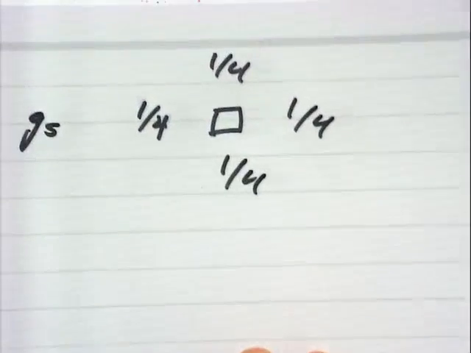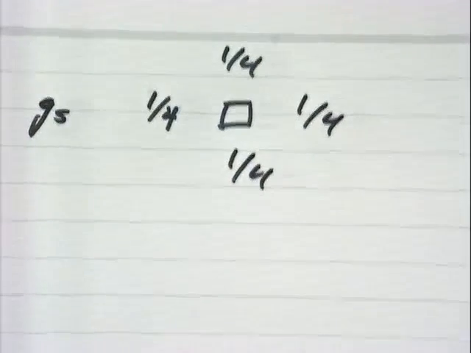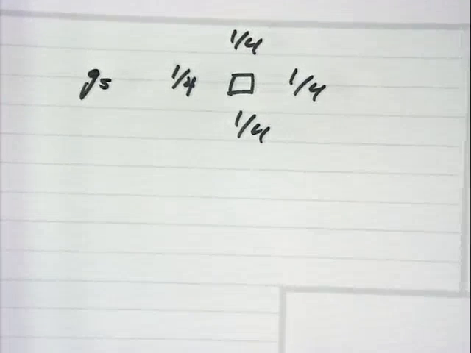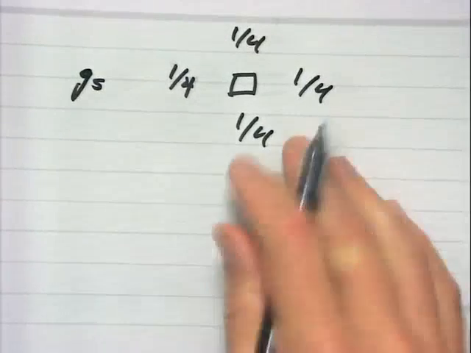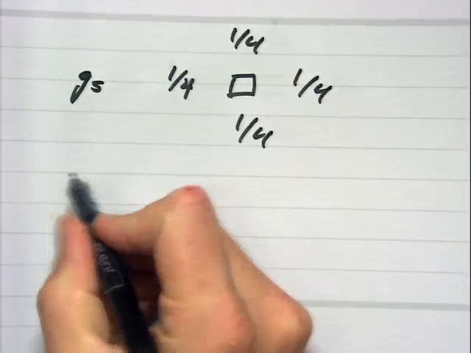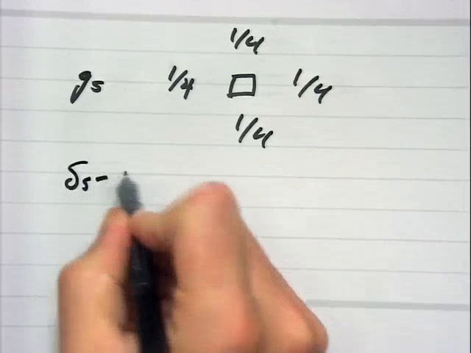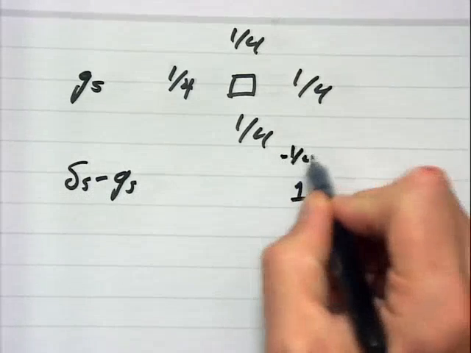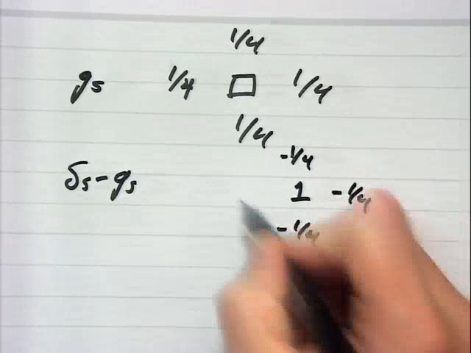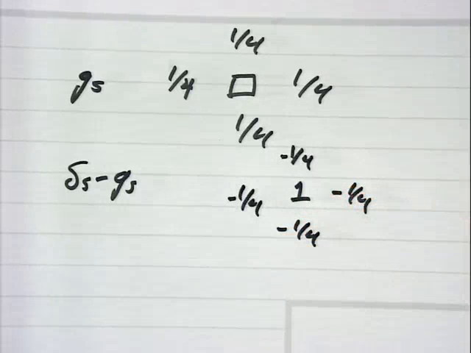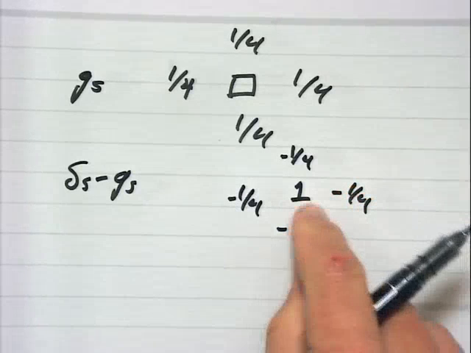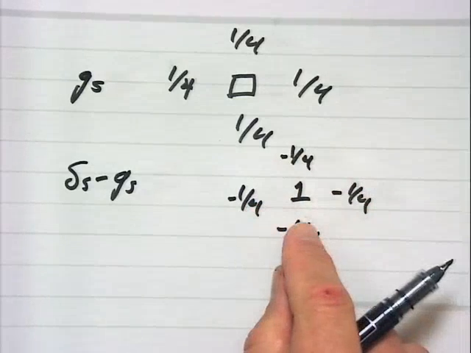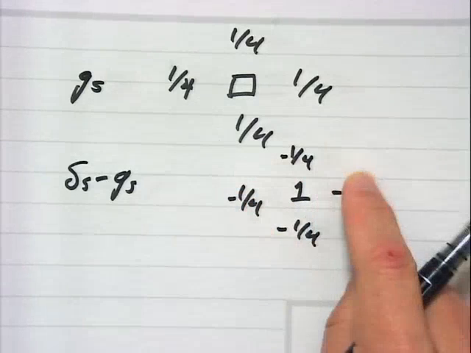If I did that, then delta s minus g of s is going to look like 1, and then minus 1/4, minus 1/4, minus 1/4, minus 1/4. So if I apply this filter to an image, I'm taking the difference between the pixel and the average of its neighbors.